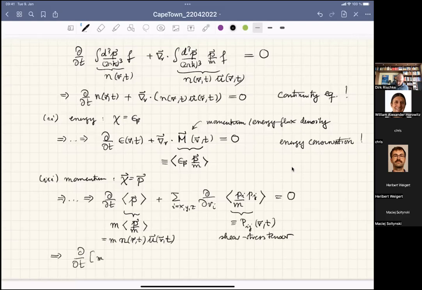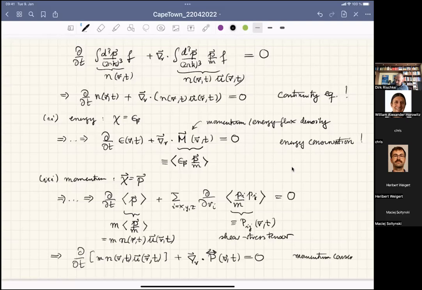So the momentum of the system, written as mass times density times average velocity, plus, okay, now of course I can go back to the scalar product notation if I write the tensor with this double arrow, equals 0. That's momentum conservation.